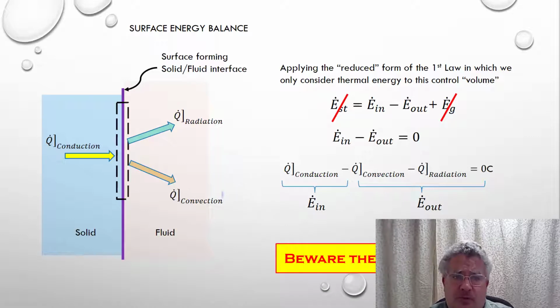And in this particular case, we would say that anything coming in is positive. So here's my Q dot conduction, this is my E in, and these two terms are my out terms. So minus Q convection minus Q radiation, and that has to equal 0.